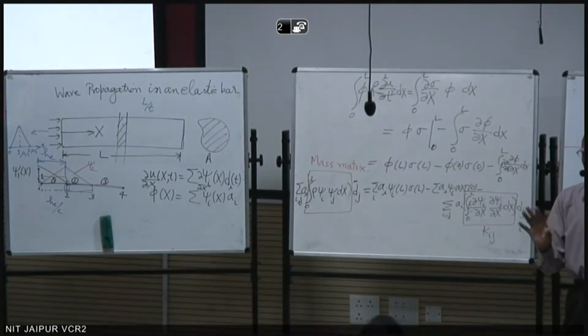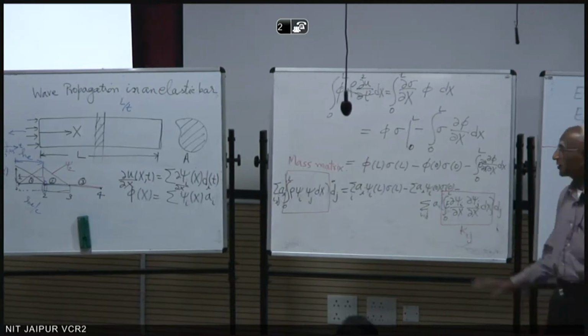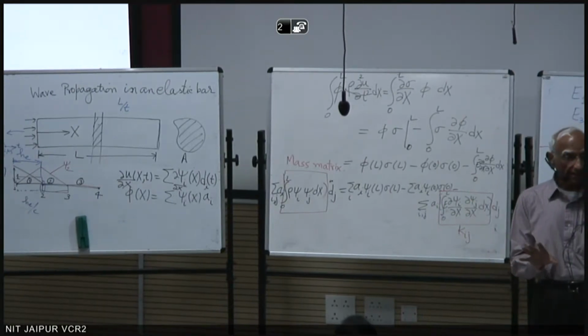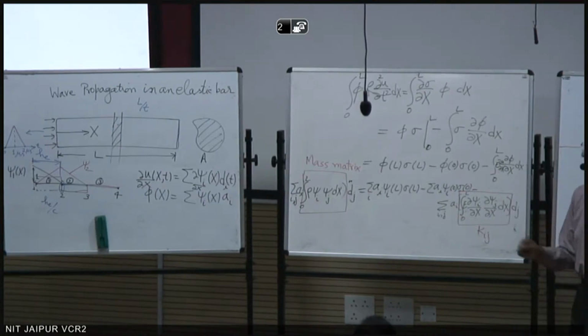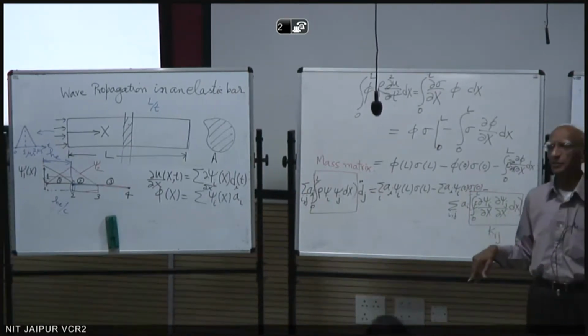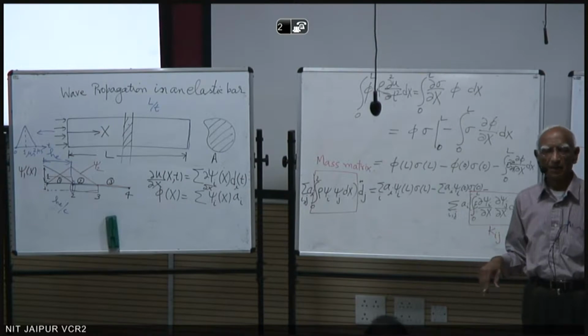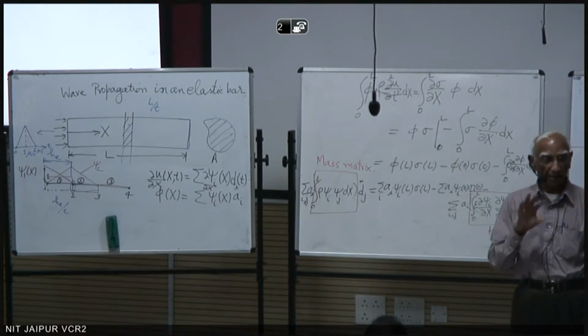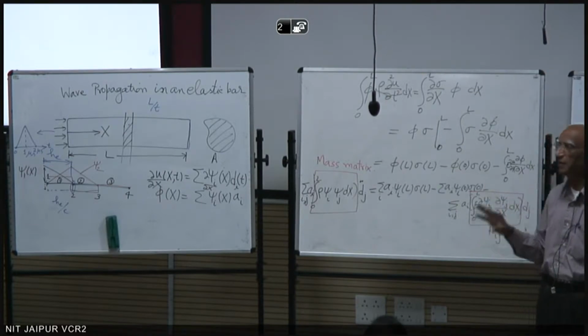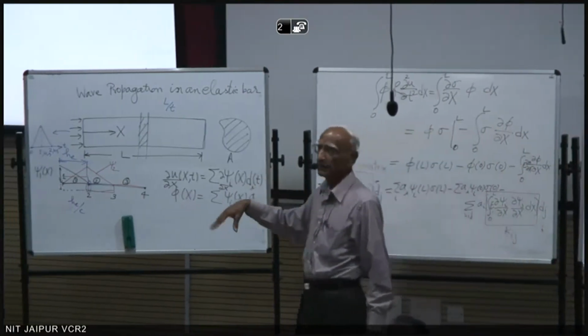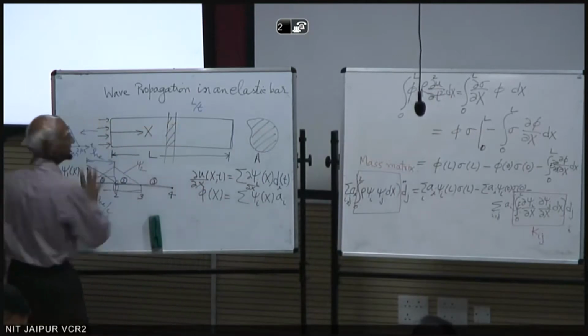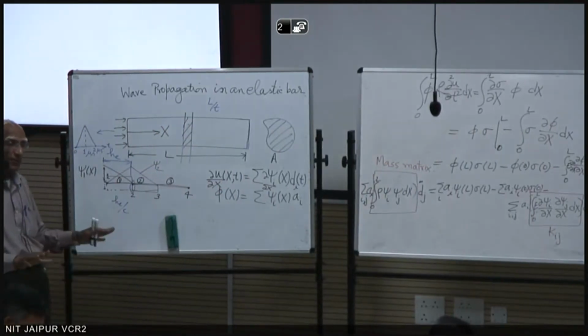But unfortunately, our numerical algorithm, which we have not talked about yet, we have not talked about time integration yet, introduces dissipation into the system, and therefore the amplitude keeps on changing and the wave shape keeps on changing.